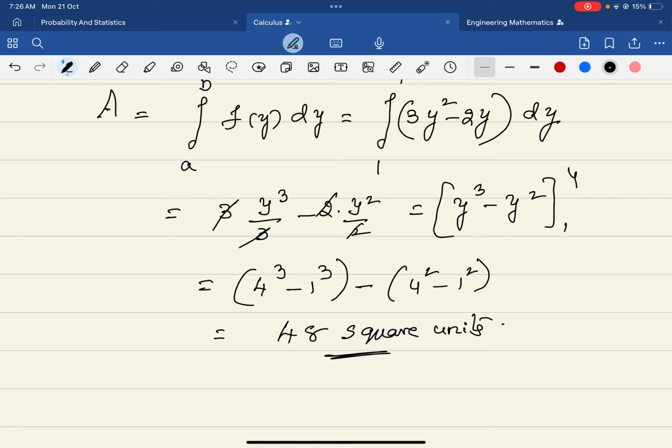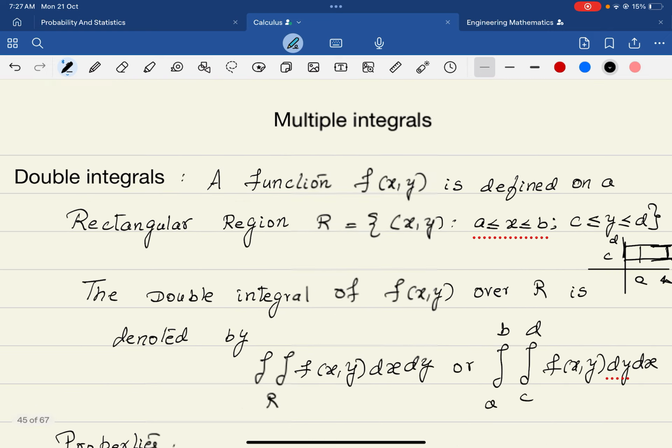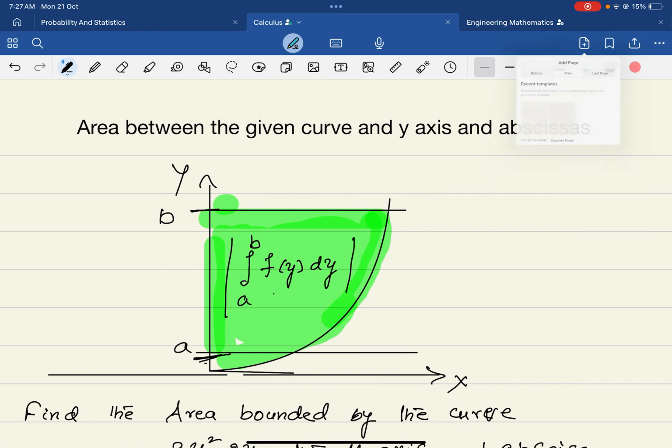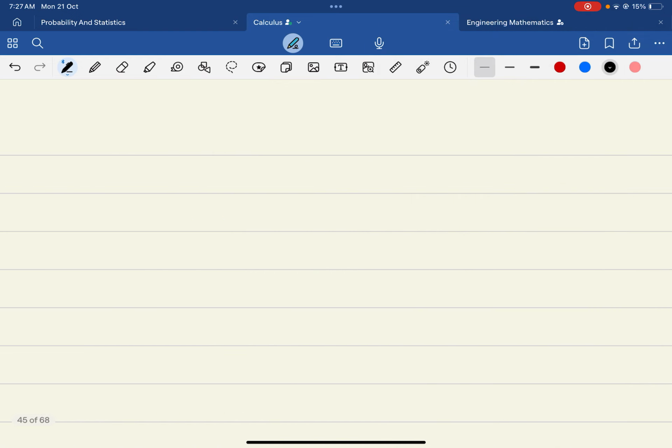Okay. Let us now do one more problem like this. Find the area between the curve x is equal to, let us say, y square minus 4y and the y-axis, between the abscissa y is equal to, let us say, 0 to 3.